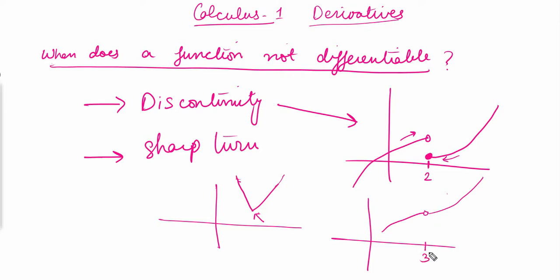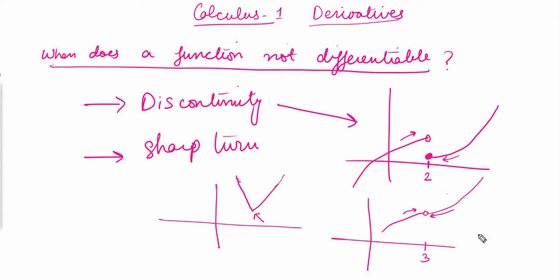Let's suppose this point is 3. At point 3, this function is not defined. But if we approach the function from the left side or from the right side, we get the same number. So for this function, the limit exists, so this can be differentiable. So it's a continuous function.